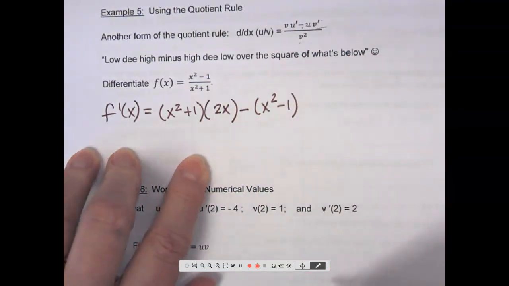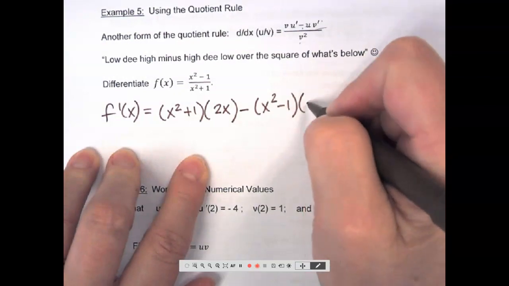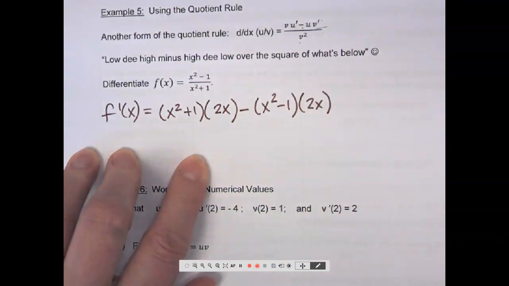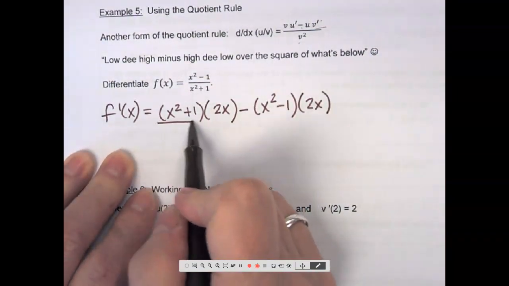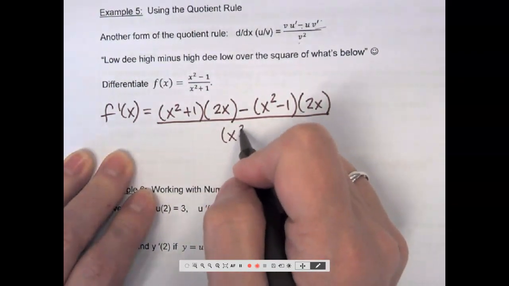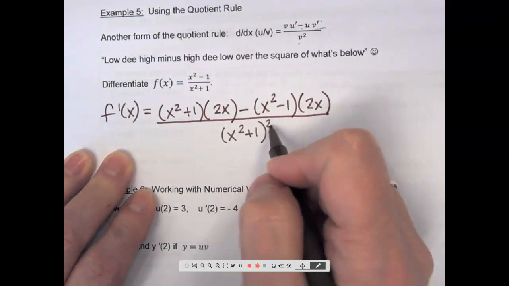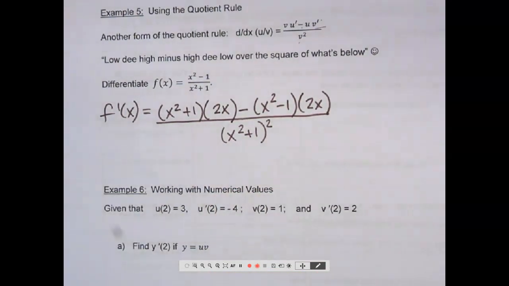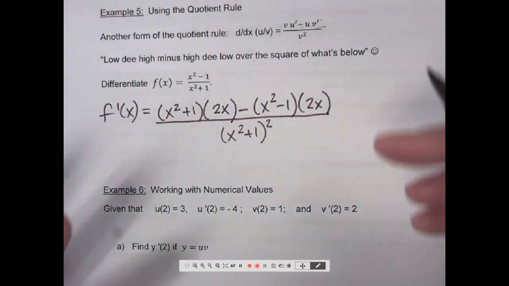And that would just be D 2x. Low, derivative of what's on the bottom, over the square of what's below. Now, if what's below is more than one term, put that sucker in parentheses. Okay, now we can clean up the top a little bit.